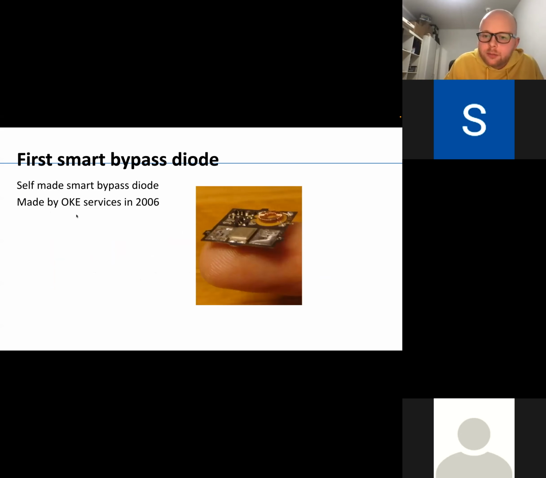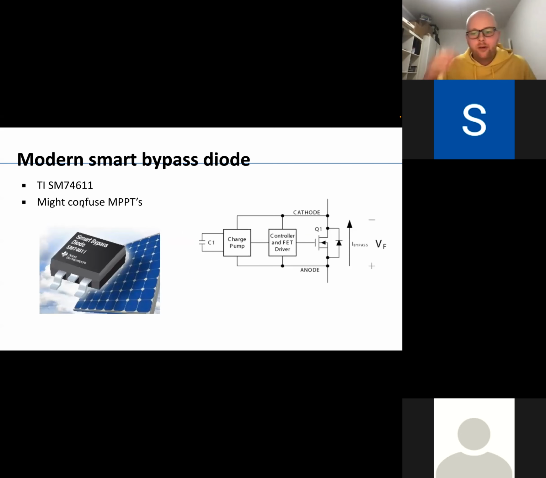Nowadays, there are big companies like Texas Instruments that sell an all-in-one package that looks like a normal diode, but internally it has some small stuff. Internally it is a normal diode, but in parallel with that is a MOSFET switch. And there's a controller that switches on the MOSFET when the diode is conducting, and therefore it makes sure that the voltage drop across the diode is close to 0 volt.